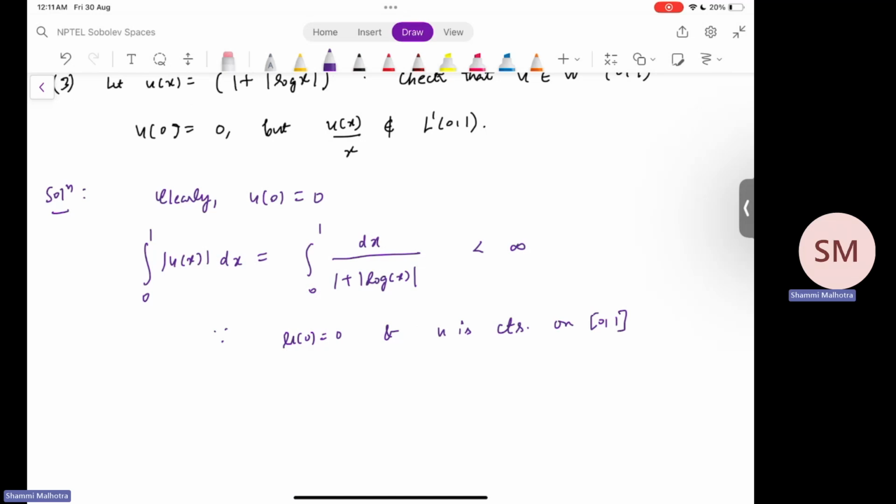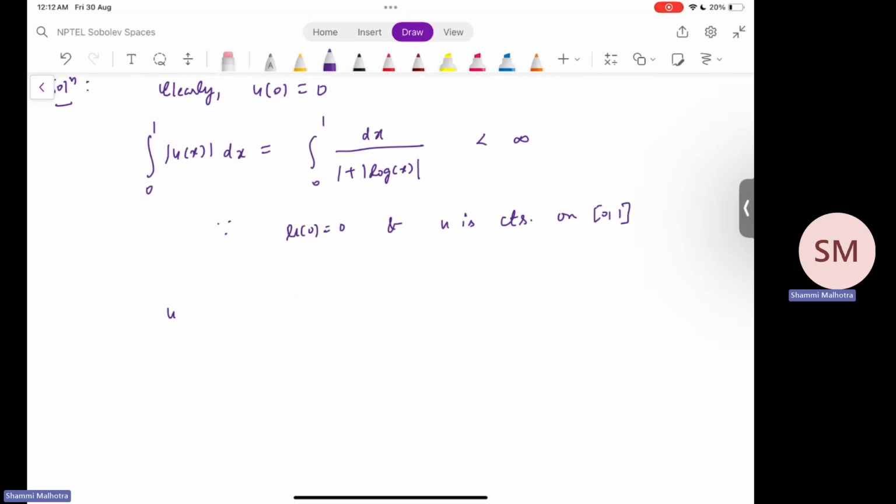So this is a continuous function on a closed domain, and we have this integrability. Next, we have to see what my u'(x) is.